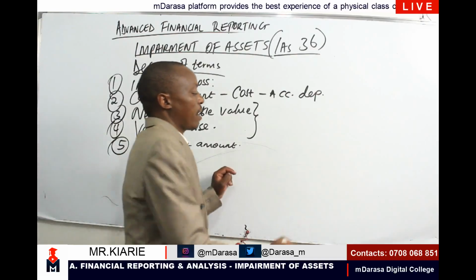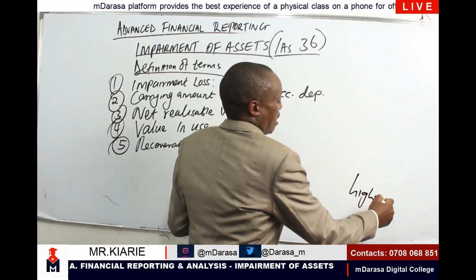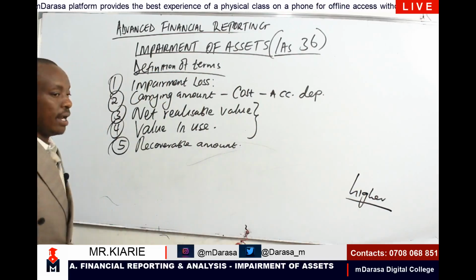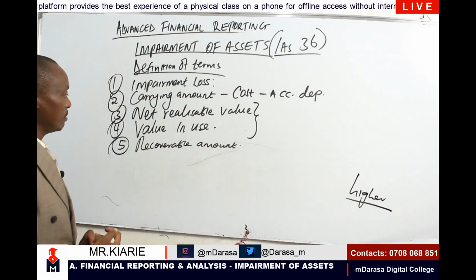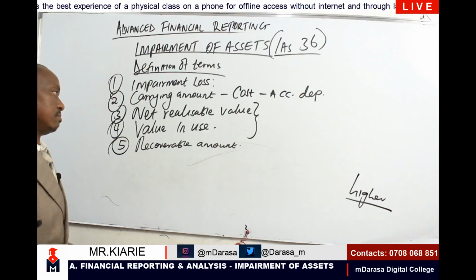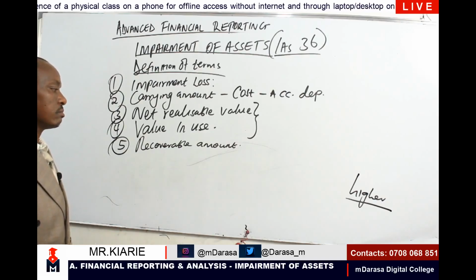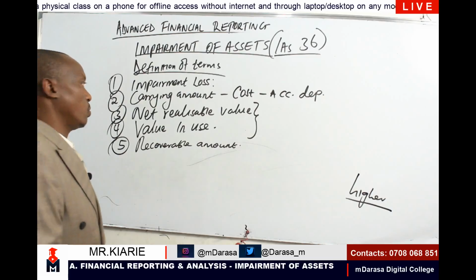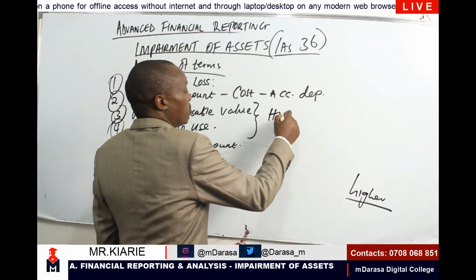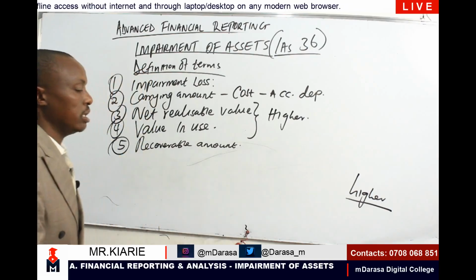And when you're talking of higher, we mean high. So you take the net realizable value and the value in use, and you take the value which is higher between the two.